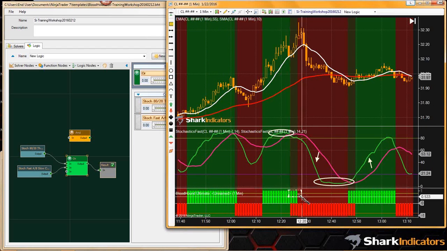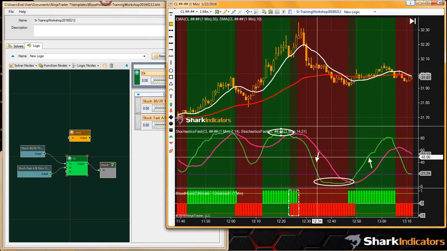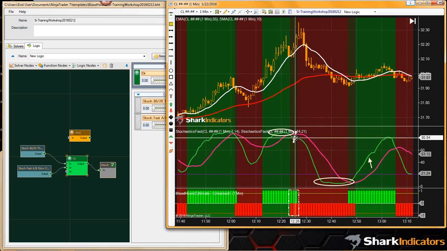You'll notice that we get some areas where we get long and short signals at the same time. That's because we have condition A being met, and at the same time a couple of bars of condition B being met. So this is where condition A and condition B overlap, but that's not what's wanted.